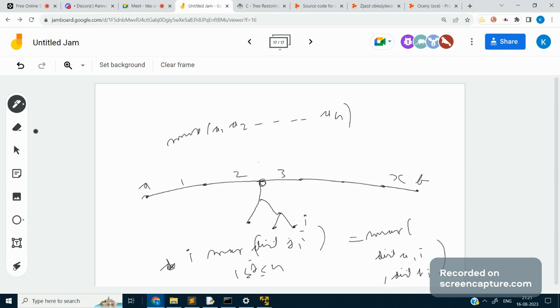Now suppose we have a node which is further away. Let this be in a subtree here, and let this be node i, and suppose that the node is outside of this subtree.